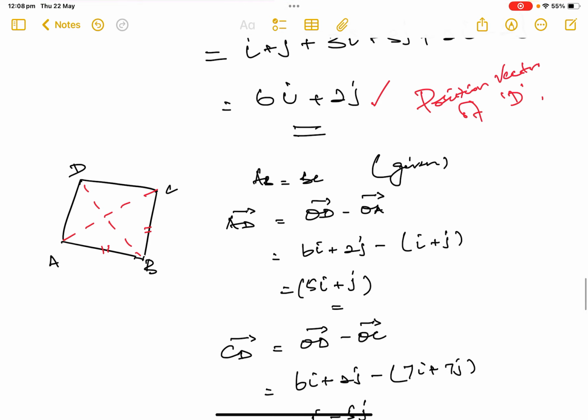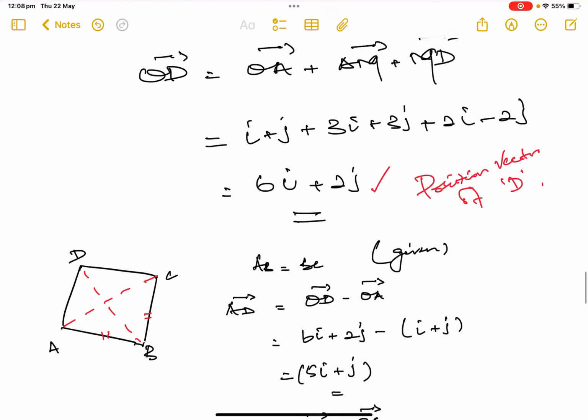Now I'll look at AD. AD is OD minus OA, second letter minus first letter.